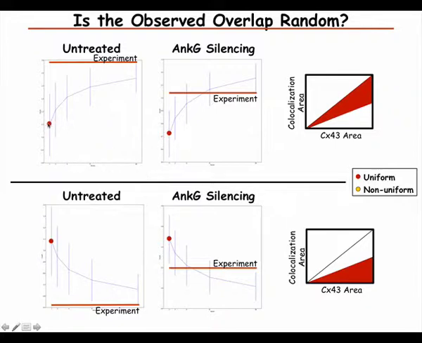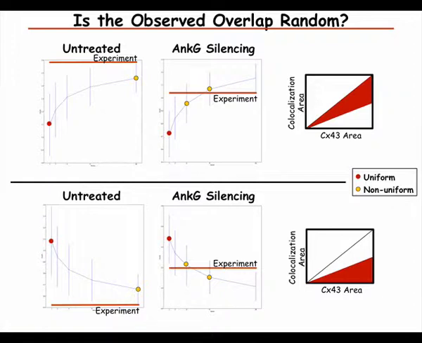The nice thing is that from the simulation we can also estimate the error bars in the measurement. What we see here is that for both areas, a random model does not explain what we see.